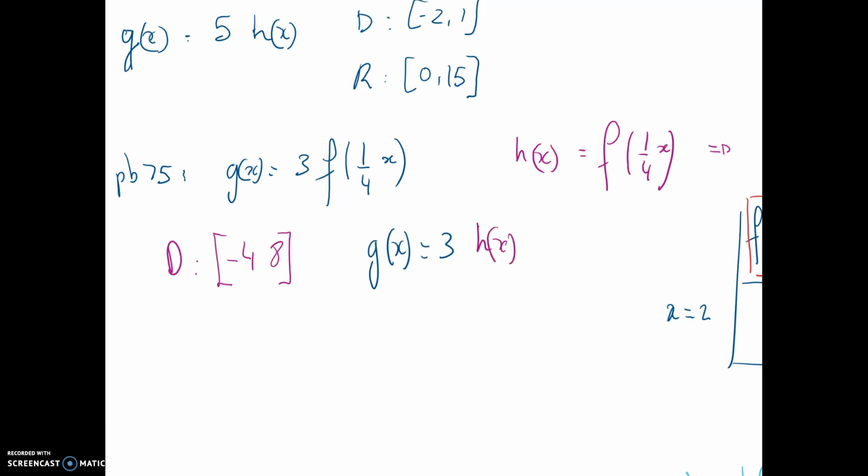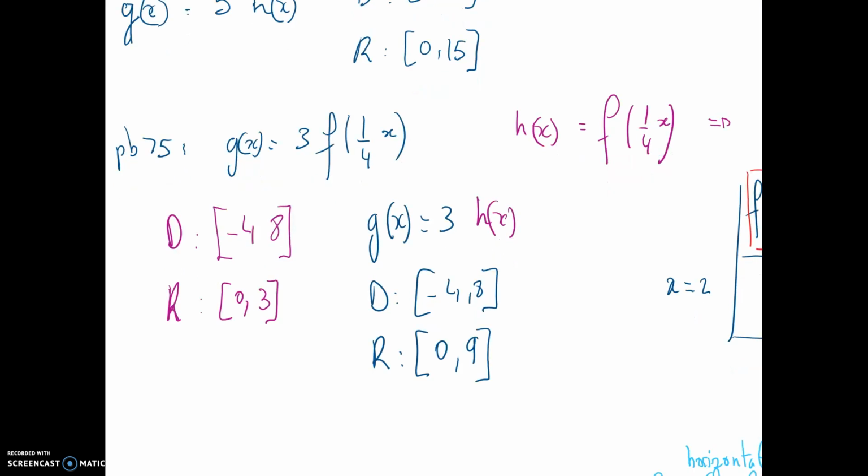That is a vertical stretch. And when I'm having a vertical stretch, my domain doesn't change. The values of x are exactly the same. Therefore, the domain of g of x is going to be -4, 8.